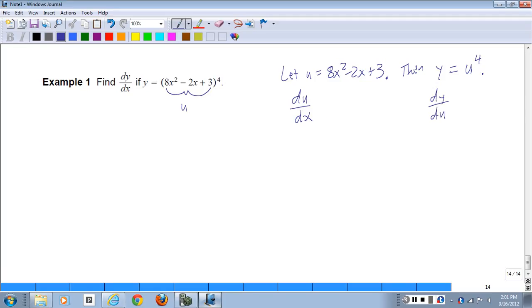Is this the first time we've talked about dy du? Independent variable is different, but it's the same idea. The derivative of y with respect to u. So du dx is going to be 16x minus 2. And dy du is 4u cubed.